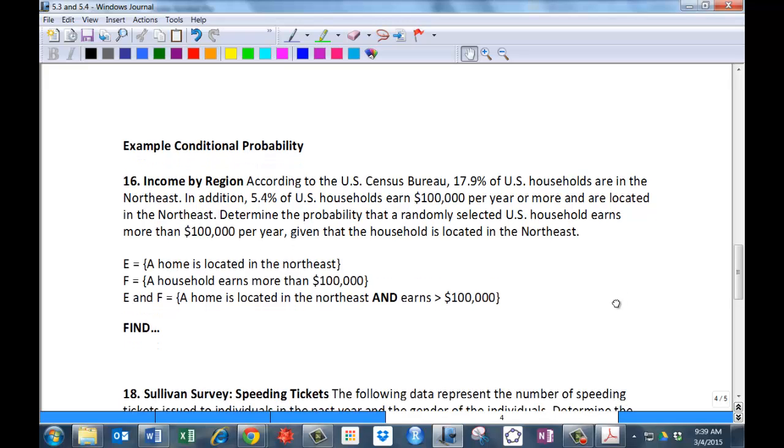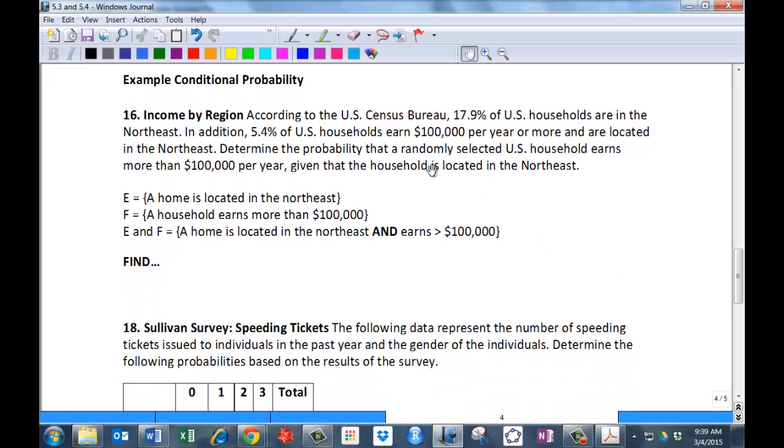Okay. All right. So let's try another example. So according to the U.S. Census Bureau, 17.9% of households are in the Northeast. 5.4% of households earn $100,000 per year or more, and this is the key here, and are located in the Northeast.